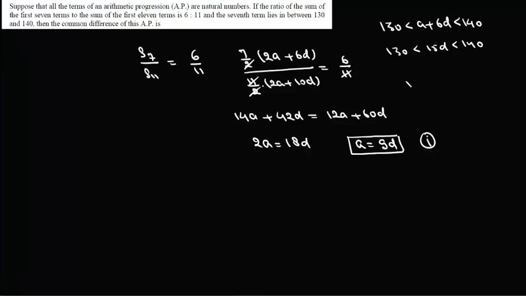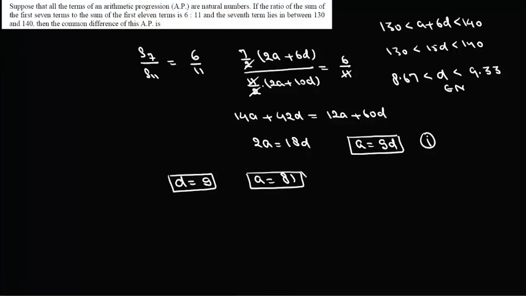So if we divide by 15, we can write 8.67 is less than D, that is less than 140 divided by 15, which is 9.33. Now since all the terms are natural numbers, that means this D should also be a natural number. So the only value of D possible here is 9. So we'll have value of D as 9, value of A is 81. We just need to find the common difference. So common difference of this AP is 9, and that is the answer to this question.